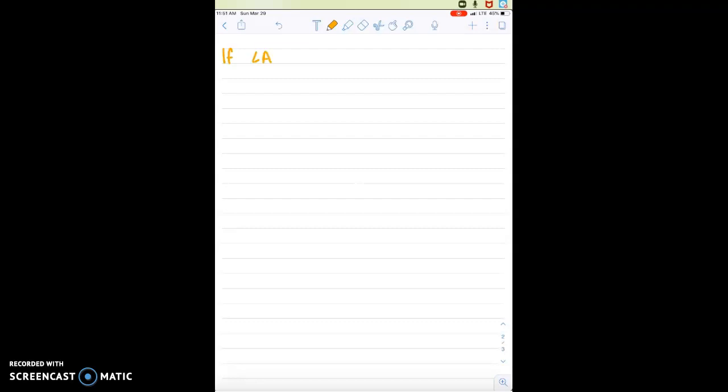So if angle A has a measure of 110 degrees, this problem is going to ask you to determine the measure of the other three angles.